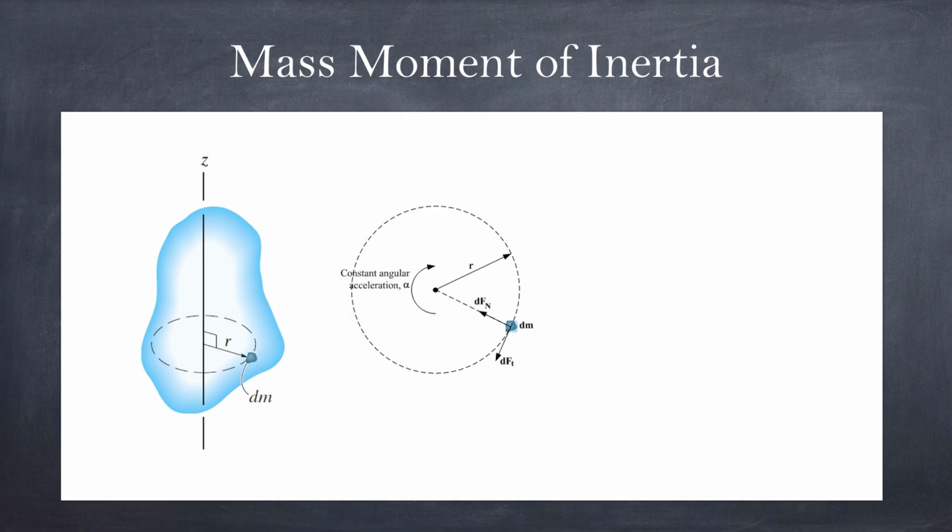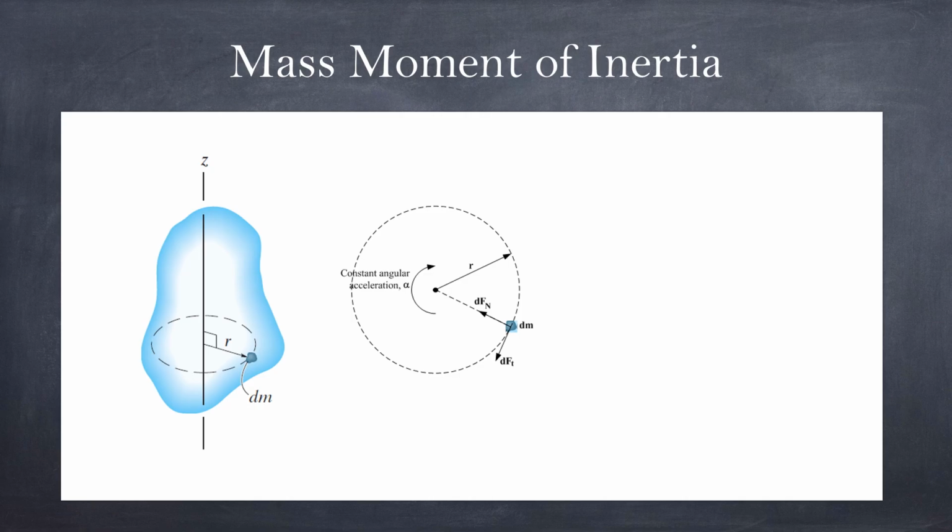However, we assume that at this moment it has a constant angular acceleration of alpha. Of course, if it rotates in a circle, there will be two forces or two directional movements that we will be looking at.